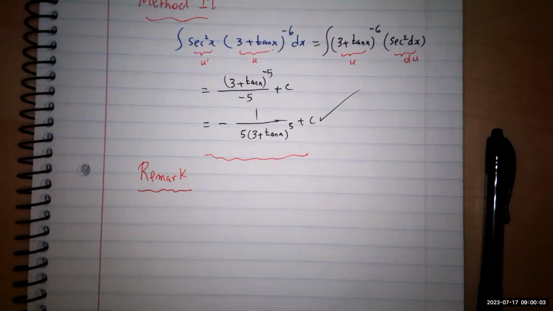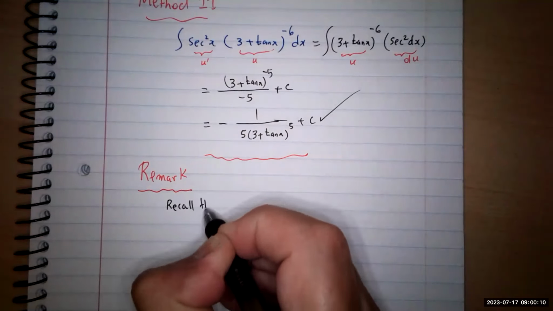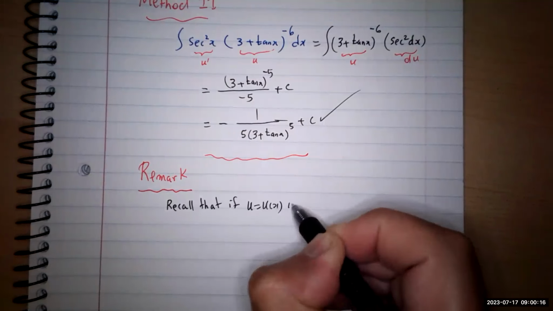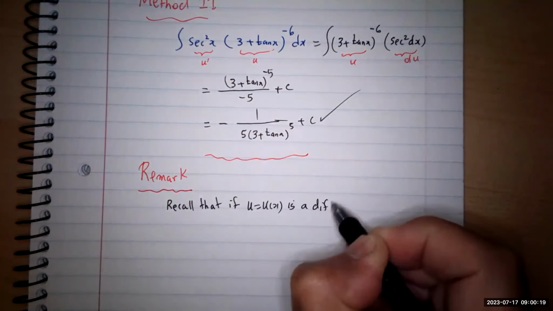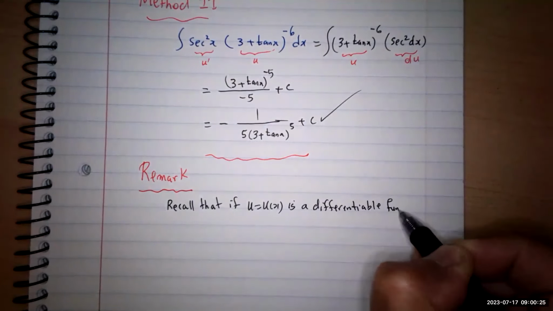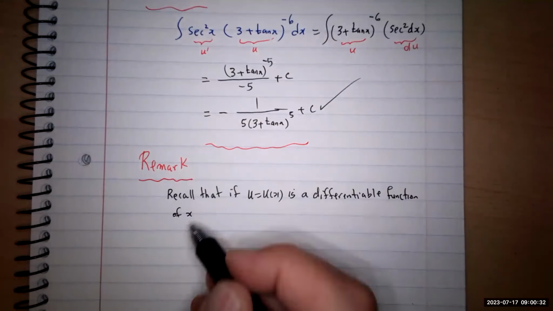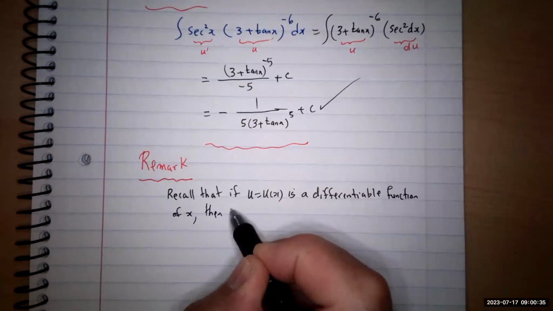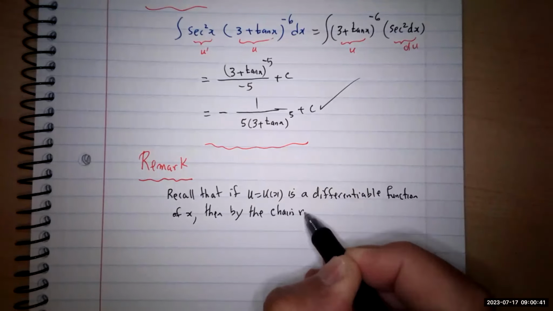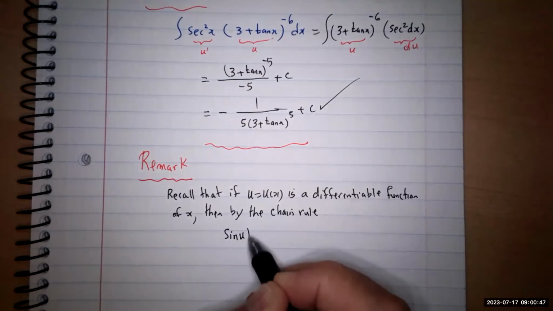So recall that, if u equals u of x is a differentiable function of x, then by the chain rule formula, remember we have something like the derivative of sine u.